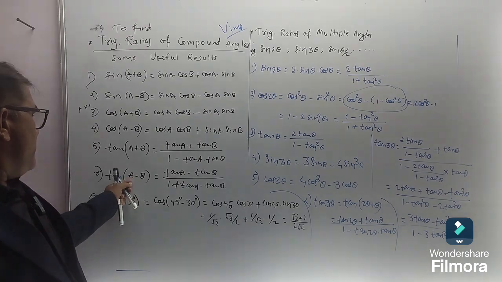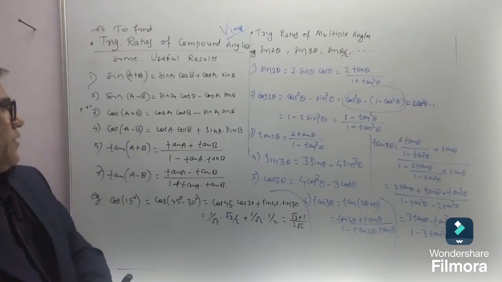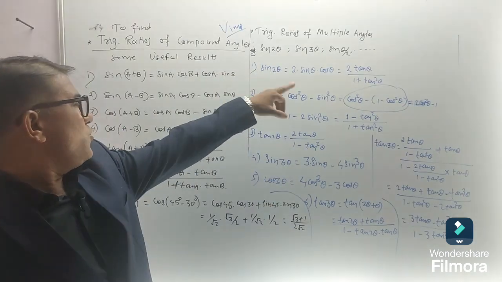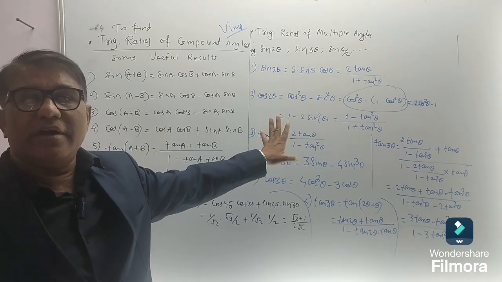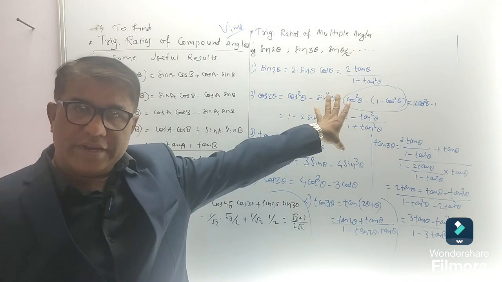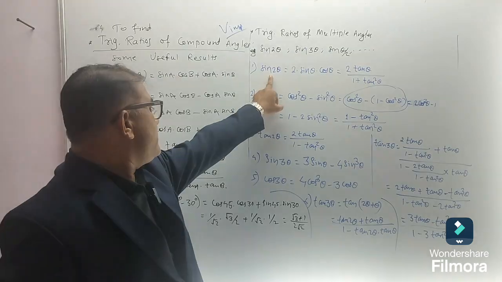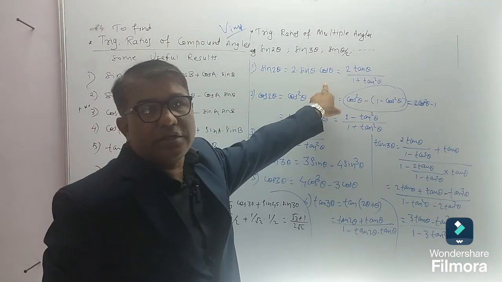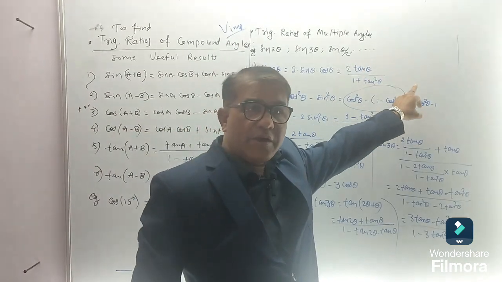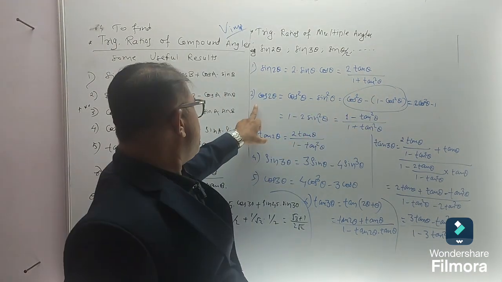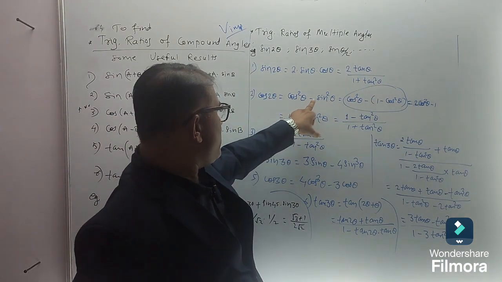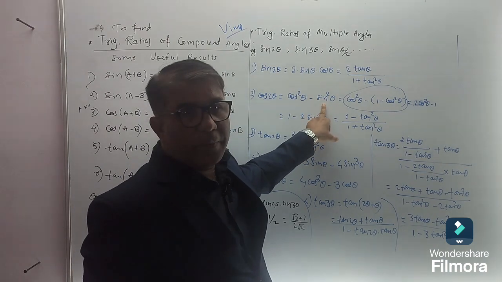Using these formulas we can derive sin 2 theta, sin 3 theta, cos 2 theta, and in half angle also we can write. Sin theta is 2 sin theta by 2 cos theta by 2, or 2 tan theta by 2 upon 1 plus tan square theta by 2. Similarly, cos theta is cos square theta by 2 minus sin square theta by 2.